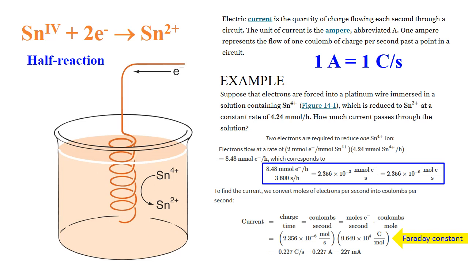And we're receiving 227 milliamps or 0.227 amp. Please look, we had a very low number of moles, 2 times 10 to the negative 6, but current is very visible, 0.227. So large currents result from a relatively small number of moles.